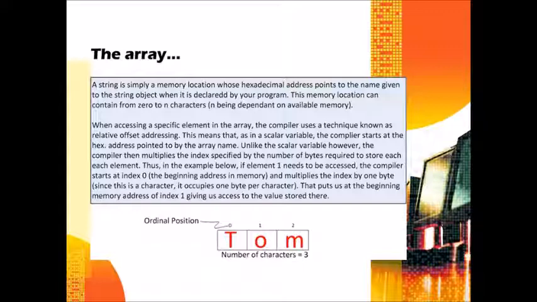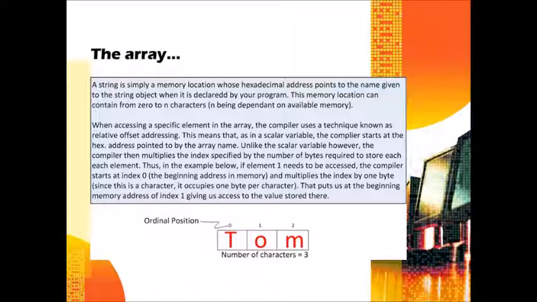So that particular technique is called relative offset addressing, and what this means is the compiler starts at the hex address pointed to by the array name. Unlike scalar variables, however, the compiler then multiplies the index specified by the number of bytes required to store each element.